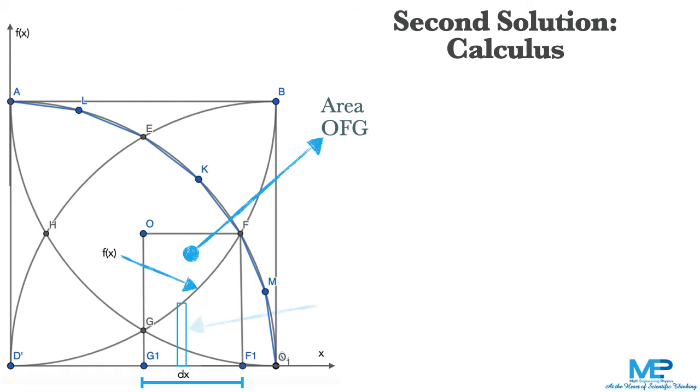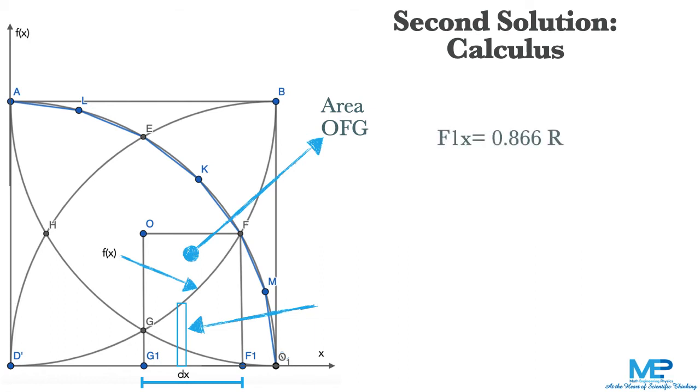To calculate this area, consider an infinitesimal rectangle of area f(x) dx as shown in the picture. Since we need to compute an integral of f(x) on the interval G1F1, we need to express their coordinates. While the G1 component along the x-axis is already known, the F1 component along this axis can be obtained by determining the intersection at F between two circle equations.